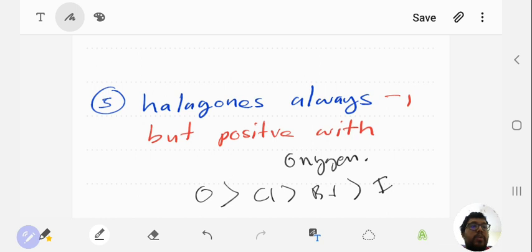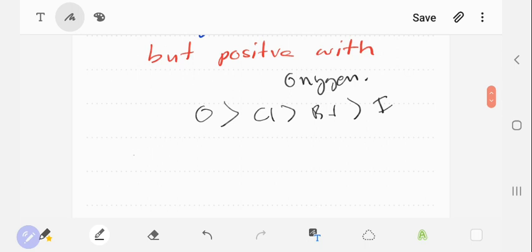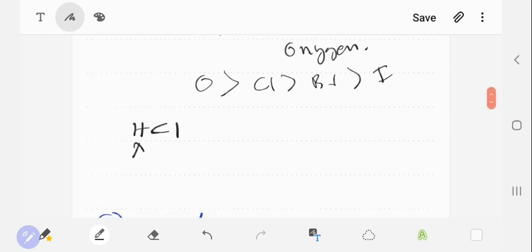We'll take examples. In HCl, hydrogen is always +1, then chlorine -1.